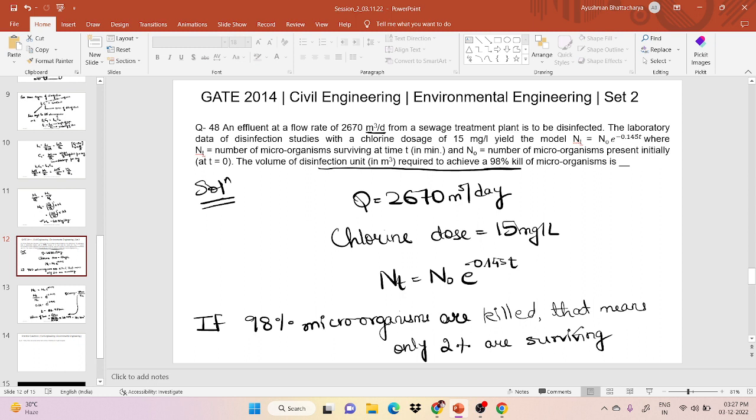An effluent at a flow rate of this much from a sewage treatment plant is to be disinfected. The laboratory data of the disinfection study with a chlorine dosage of 15 mg per liter yields this model. Now they are asking the volume of disinfection unit required to achieve 98% kill of microorganisms. We simply use this given equation, because Nt here is the number of microorganisms surviving at time t. So at time t only 2% are surviving out of the total N naught microorganisms.